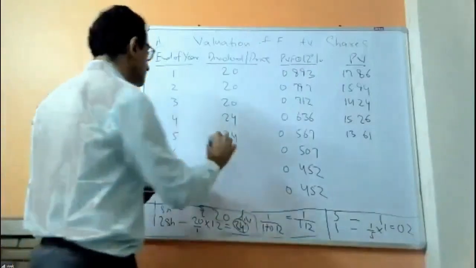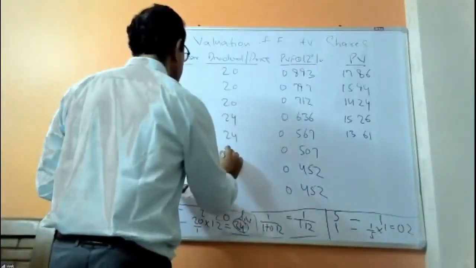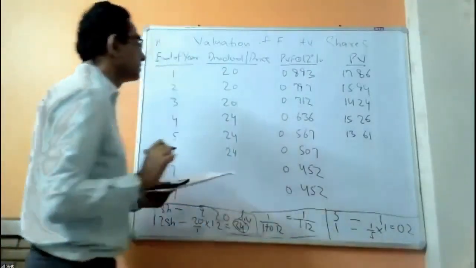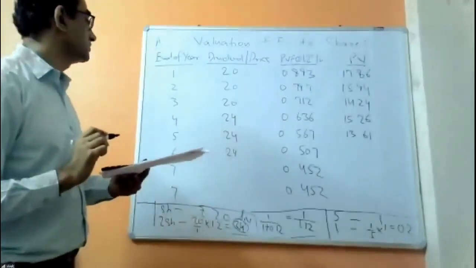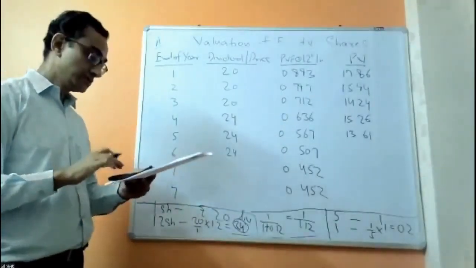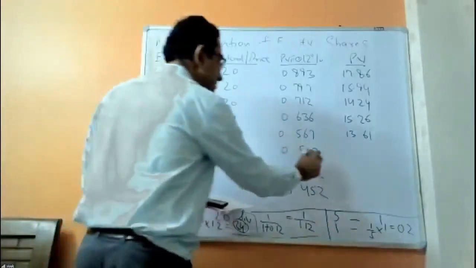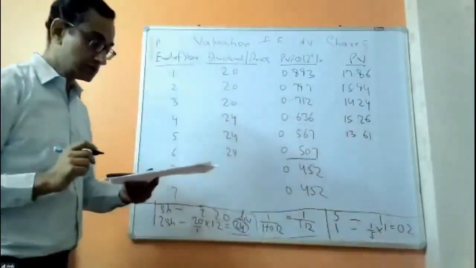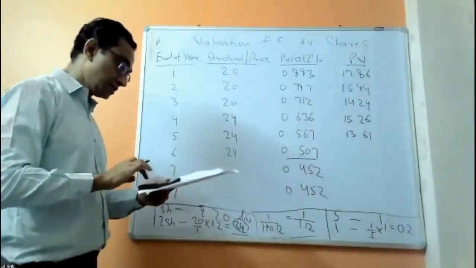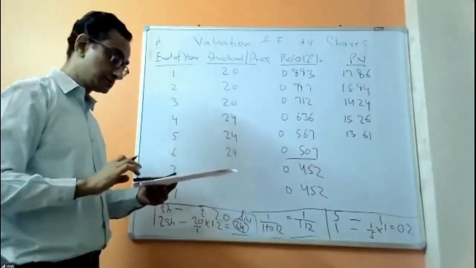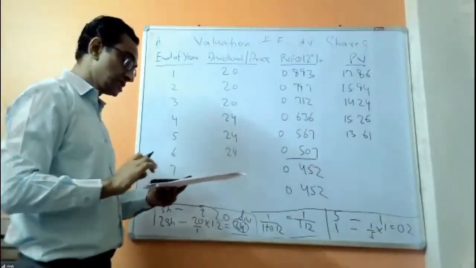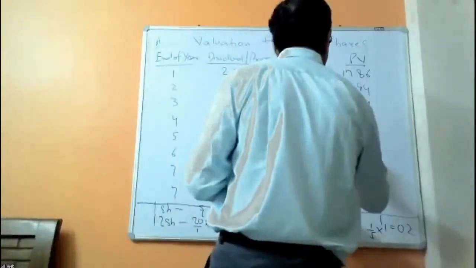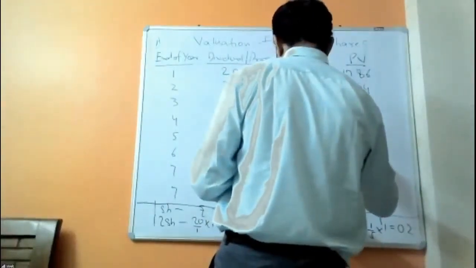Now again, dividend for the 6th year will be 24. So 24 into the present value factor of the 6th year, 0.507, is 12.17.